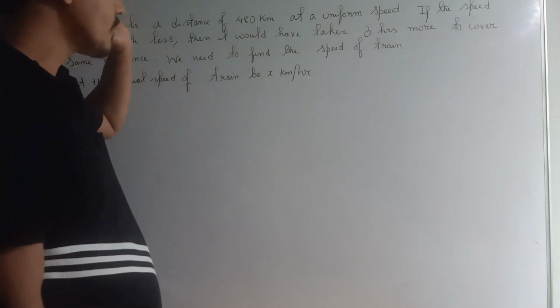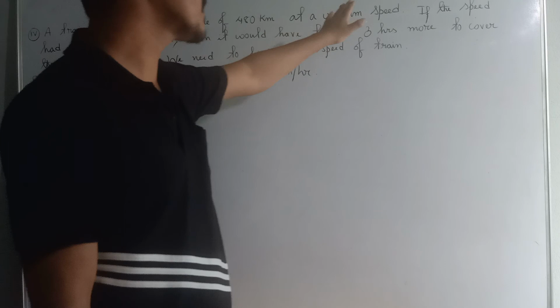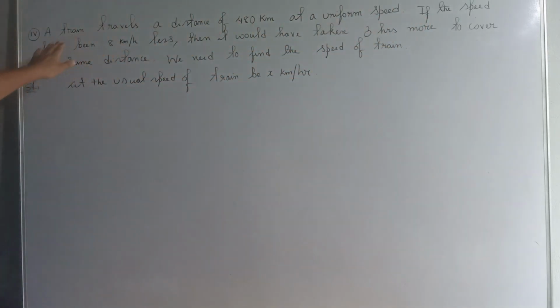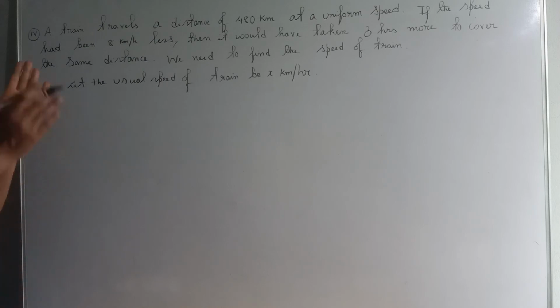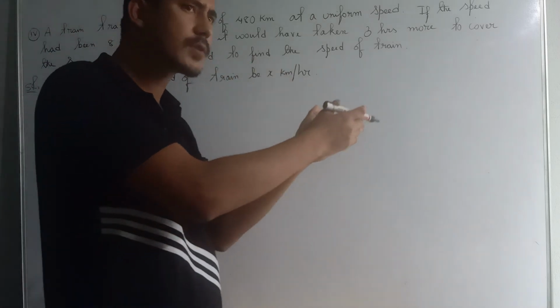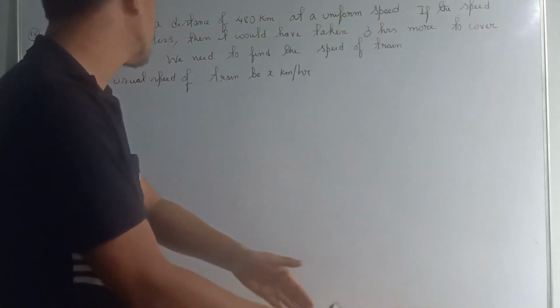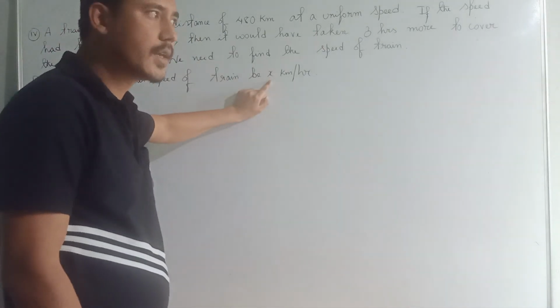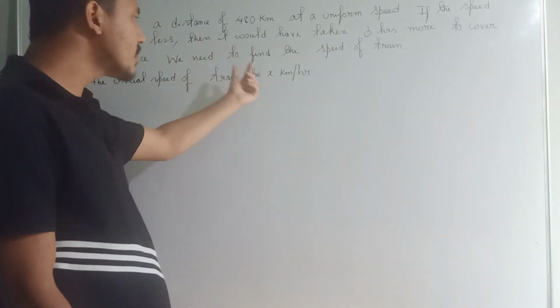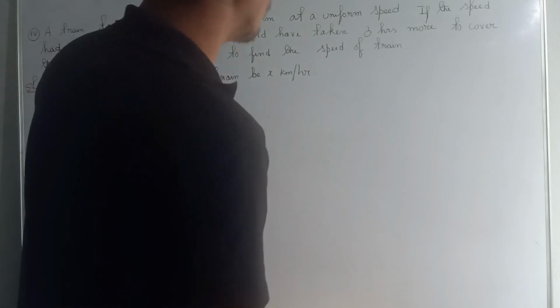Now, if the speed of the train had been 8 km per hour less, that means if the speed of the train is reduced by 8 units from its original speed. Its usual speed is x km per hour.